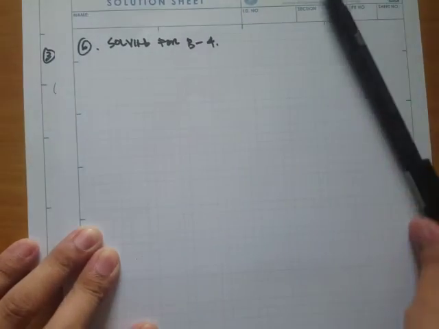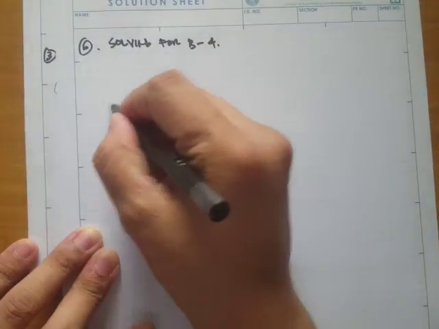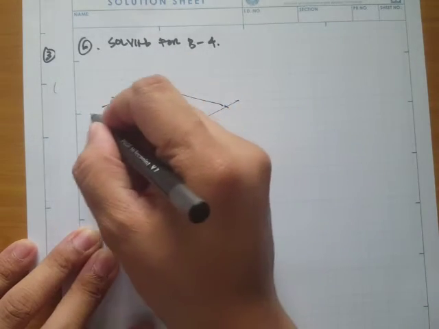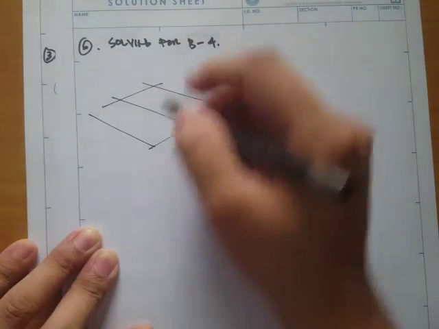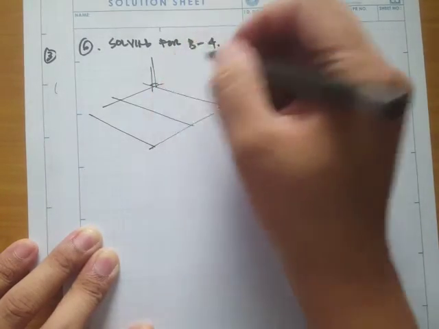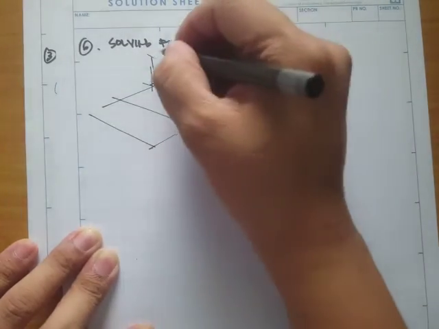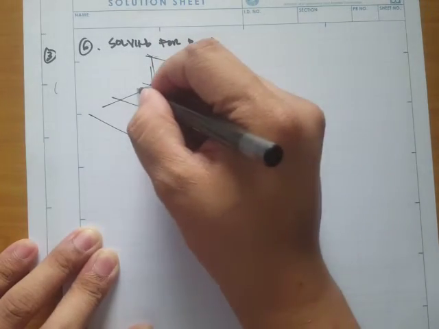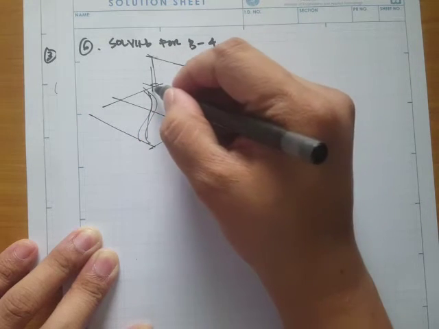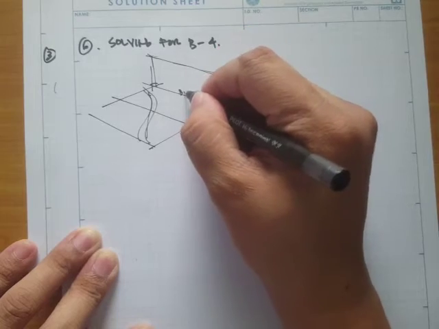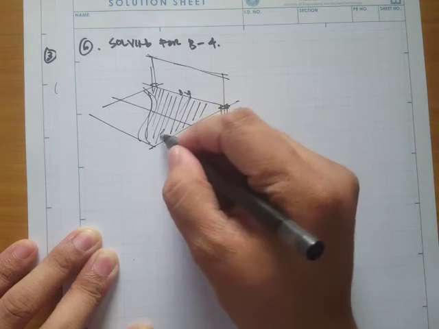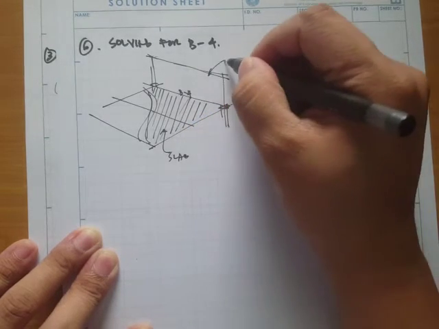Okay, so if we try to illustrate this, this is our B-4, and then let's just say this is our slab, and then this is our wall.